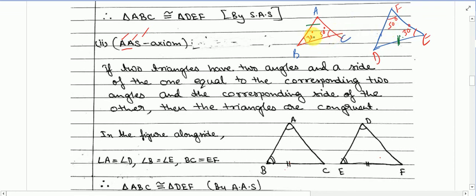The reason is that the same side BC contains the 30 and 50 angles. So we have got one side in this triangle also which contains 30 and 50.